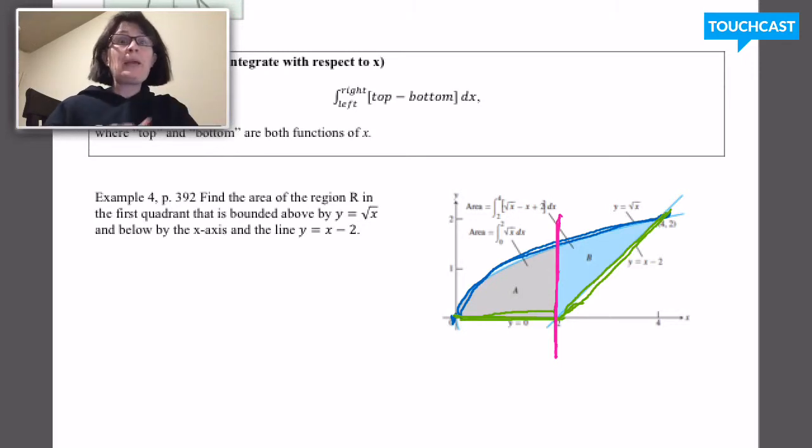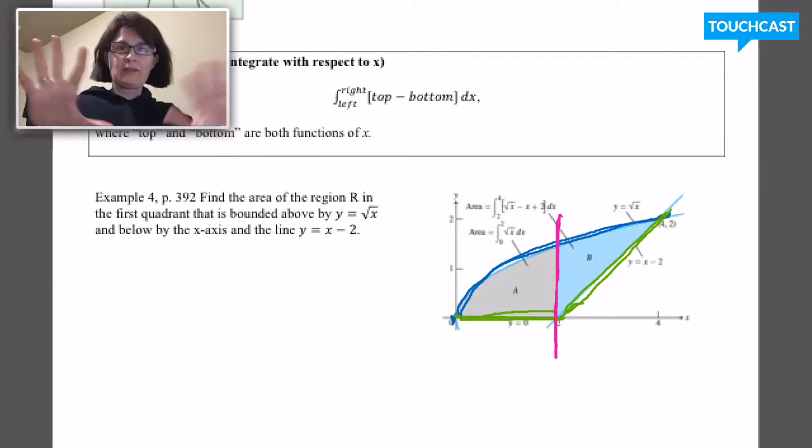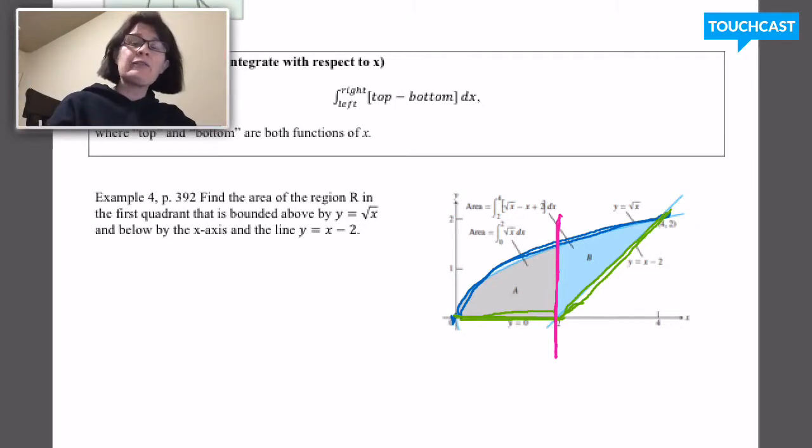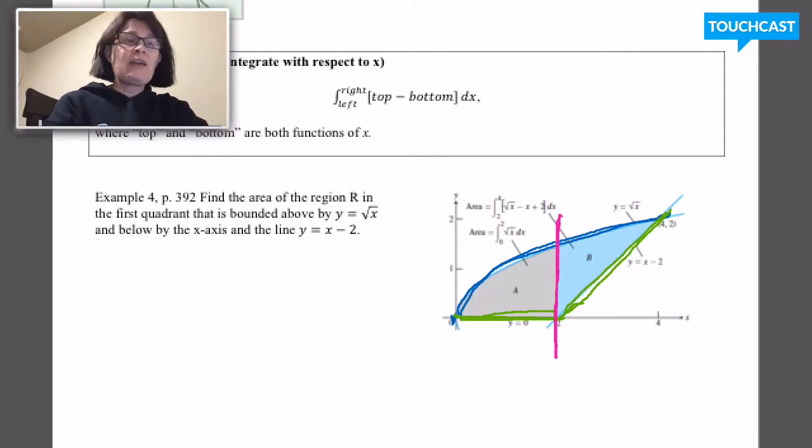So one of your big takeaways from geometry, I hope, and maybe even also from our chapter 5 study with finding areas under curves, is that you can take an area and split it up into as many different pieces as you want. Add all the areas together and you'll get the area of the whole. So area is additive. I can break this region up into as many sections as I want, and in fact that's going to be my tactic here.